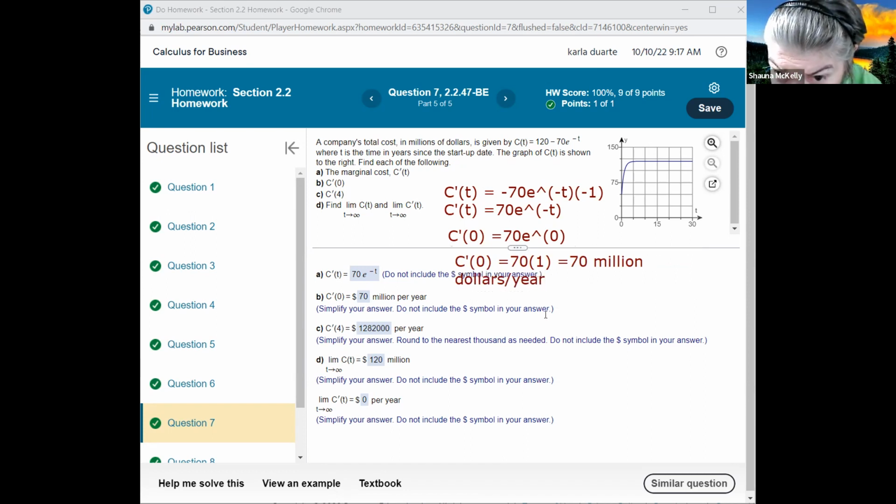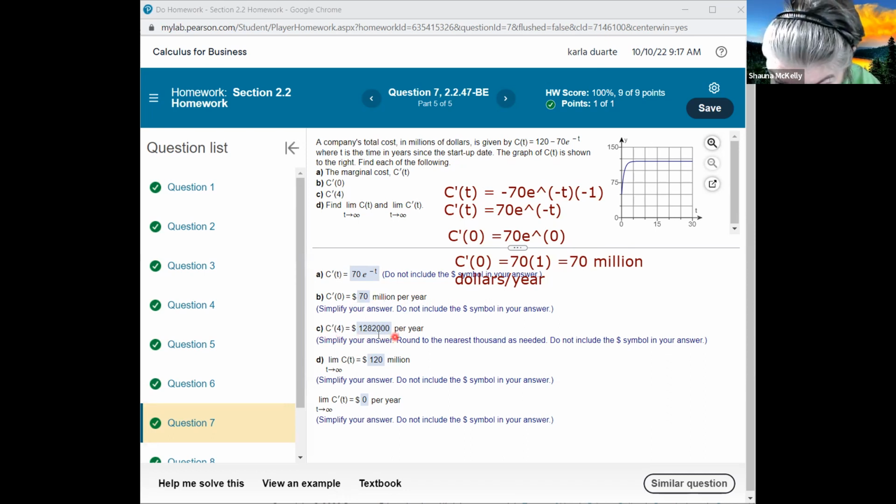And this next question throws off a lot of people, and I'll show you why. If you look here, this is in the box, you have the dollar sign there. You have million after it, okay? So you're going to put 70 in the box because you already have the million. If you look down at part C, it says evaluate C prime at 4, which we're going to do. C prime at 4, but it doesn't have the million.